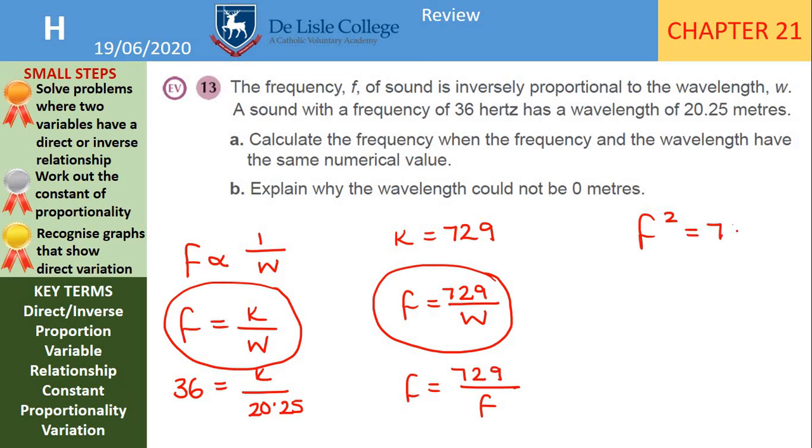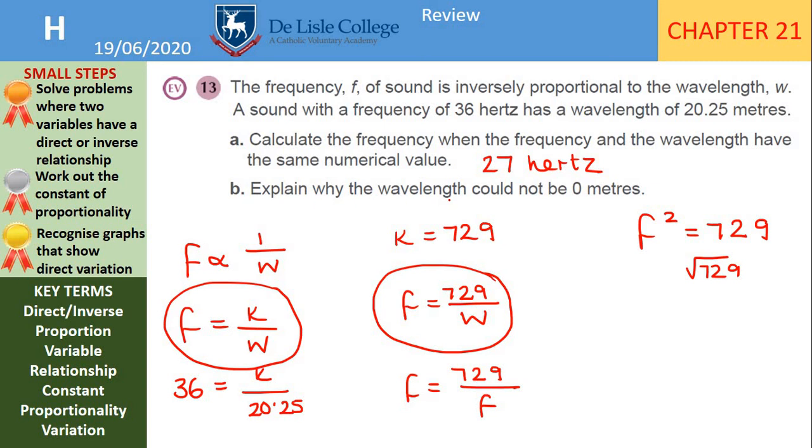So I get that f squared is equal to 729, and if I take the square root, the square root of 729 gives me for part A 27 Hertz. Obviously I don't want the negative answer here, I want the positive solution.